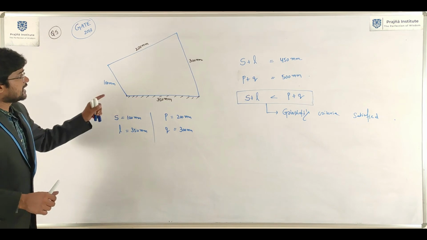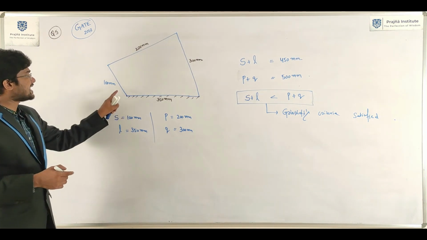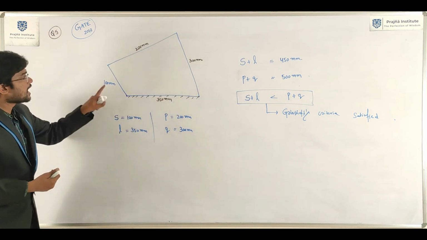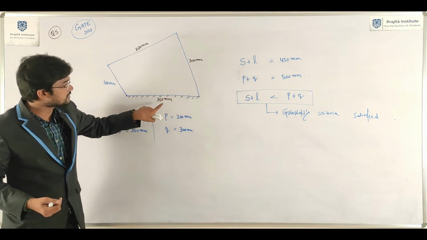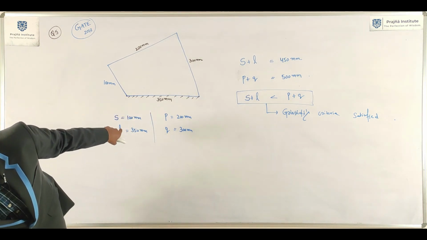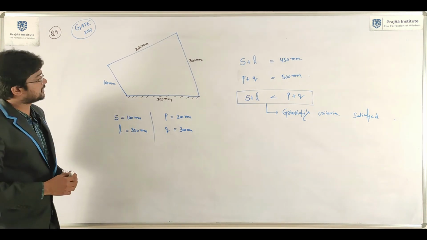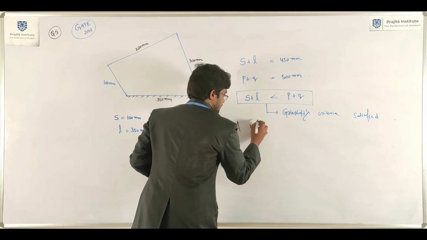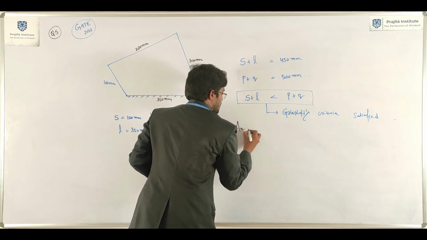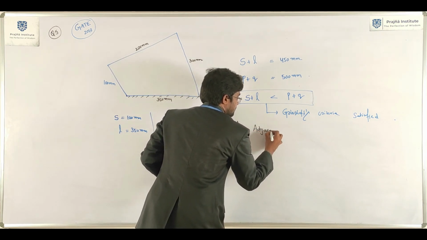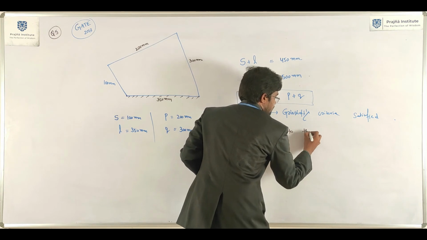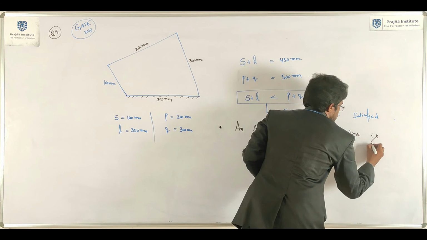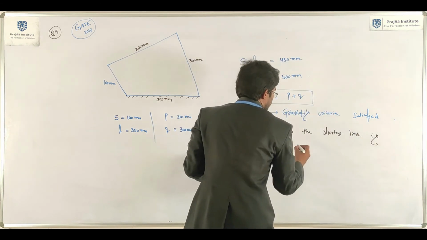Here we are fixing a link which is adjacent to the shortest link. We need to take it in a proper order: 100, 200, 300, 350. Correct na? Okay? So here a link adjacent to the shortest link is fixed.